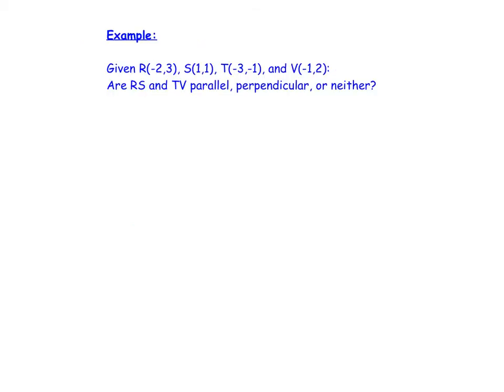Okay, example, given that R is (-2, 3), S is (1, 1), T is (-3, -1), and V is (-1, 2), are the segments RS and TV parallel, perpendicular, or neither? So we need to discuss real quick this idea of neither. So if the slopes are not the same, then the segments aren't parallel.